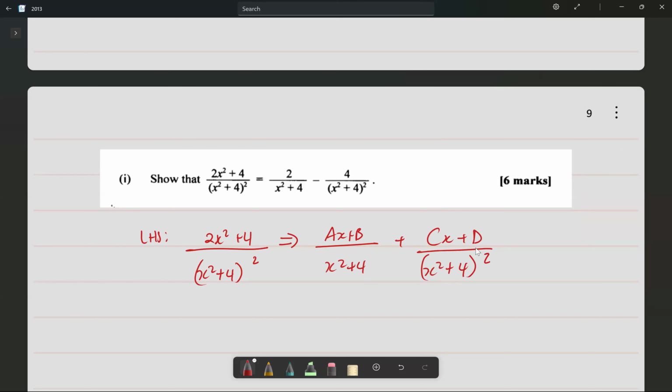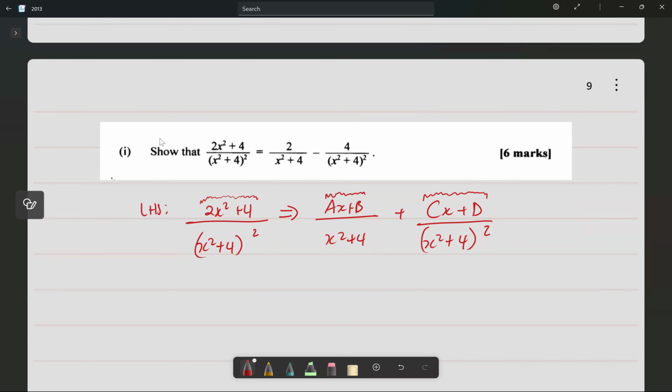Because originally this is a quadratic, you're going to say there must be two linear fractions that can be over these new denominators. Next step is multiplying the entire thing by x squared plus 4 all squared. You get 2x squared plus 4 being identical to ax plus b, x squared plus 4, plus cx plus d.